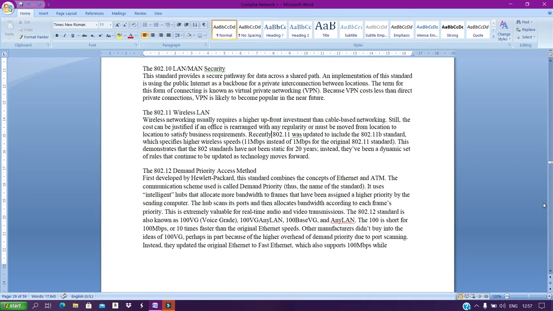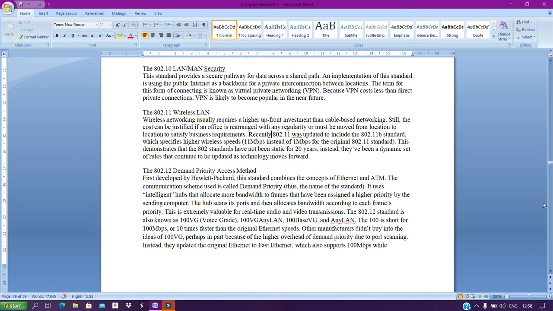It uses intelligent hubs to allocate more bandwidth to frames that have been assigned a higher priority by the sending computer. The hub scans its ports and then allocates bandwidth according to each frame's priority. This is extremely valuable for real-time audio and video transmissions.